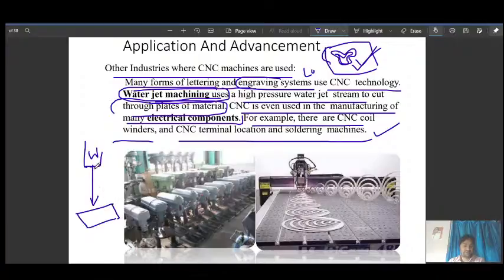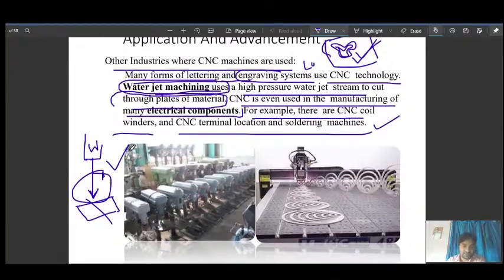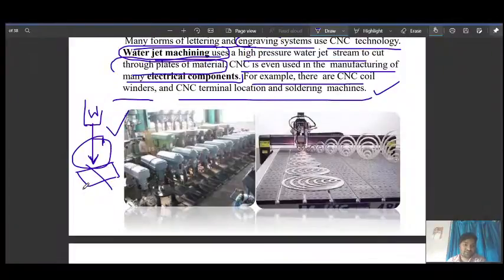It is a stream that looks around 1 mm in diameter or even smaller, but it is so sharp that if it passes through your hand, it can chop off your hand. So it is used in fish cutting operations, and even in cake cutting, this water jet is used.